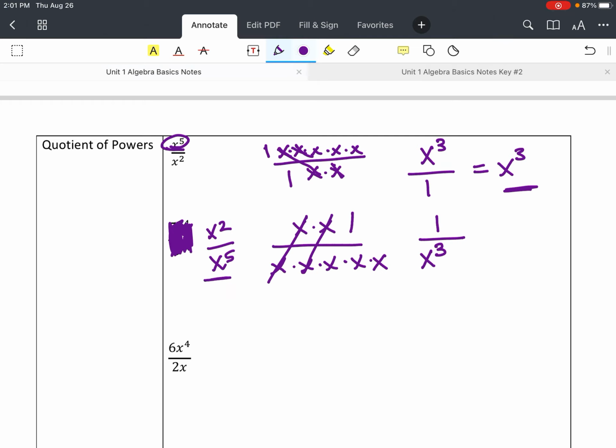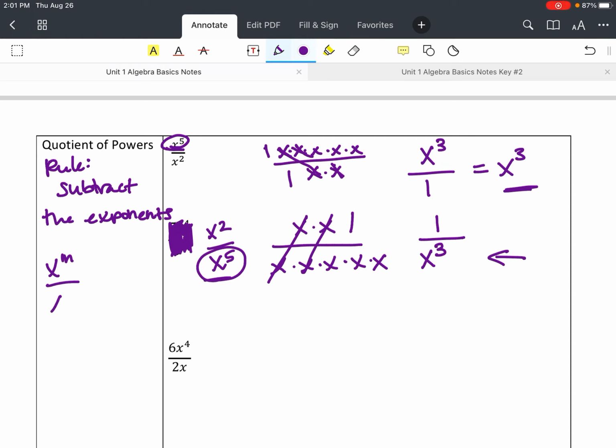And when we have a bigger exponent in the denominator, our answer has the variable in the denominator. The rule for quotient of powers, as you may have seen, is to subtract the exponents. We can write that mathematically as x to the m over x to the n, which is equal to x to the m minus n.